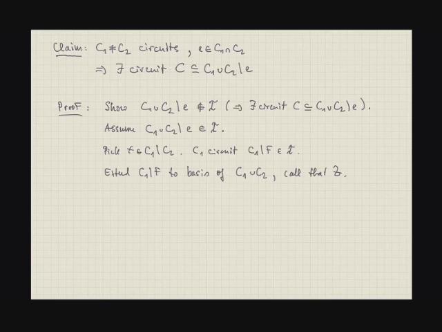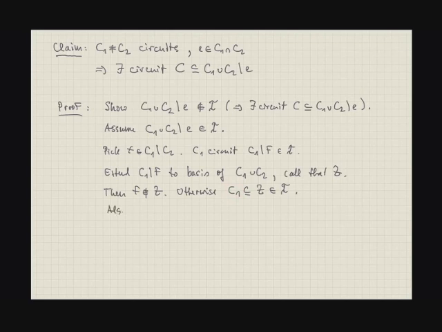So first little observation, F is not contained in this basis Z, because otherwise the whole circuit C1 would be a subset of Z, but Z is an independent set and C1 is a circuit, right? So that cannot be true.